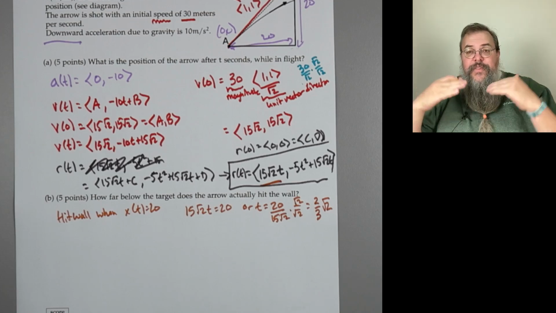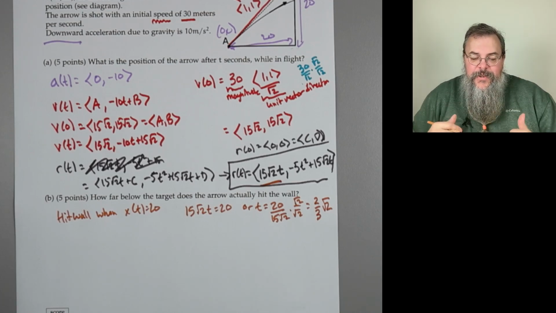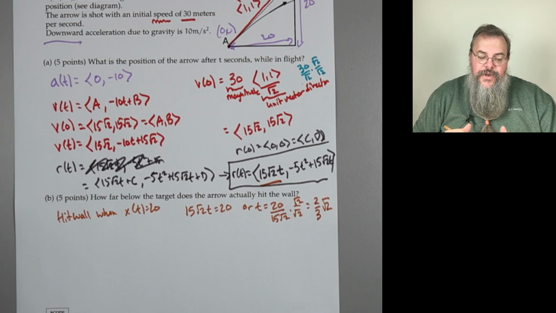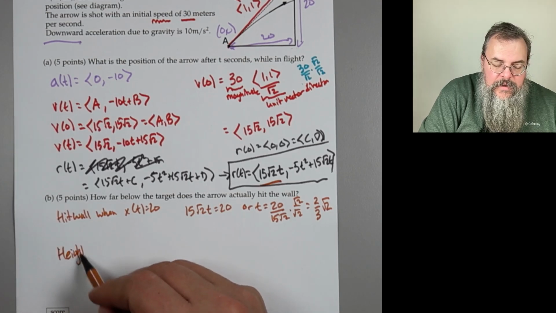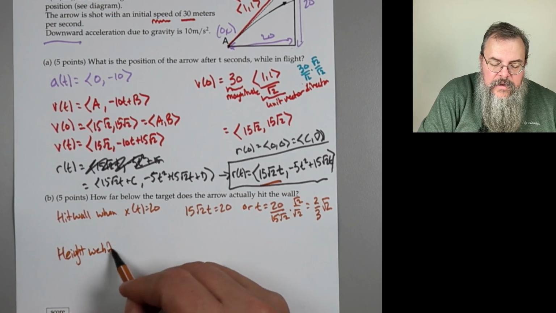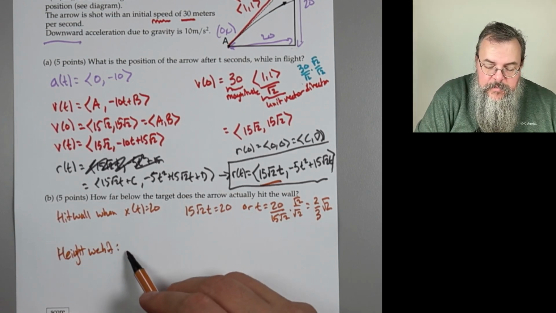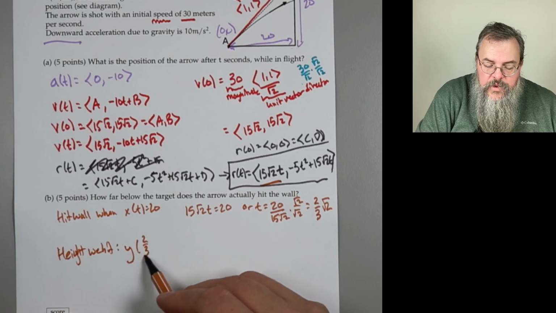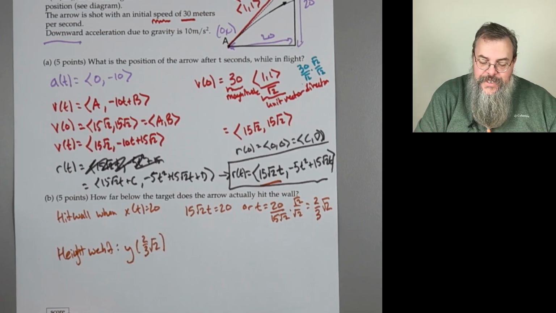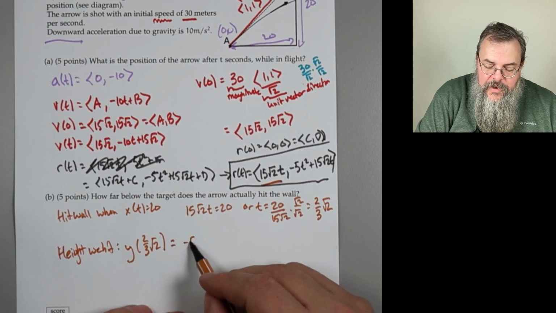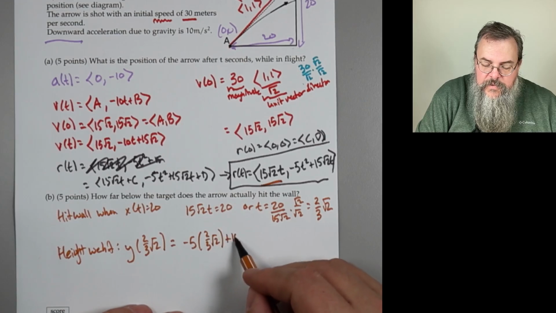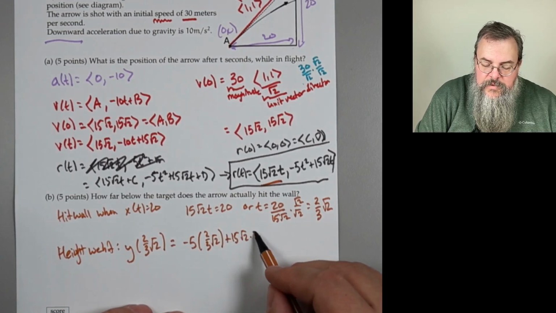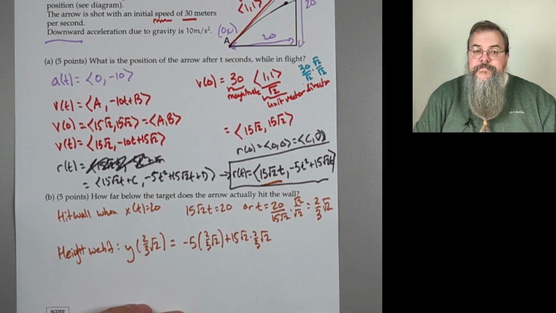So that's how long it takes for the arrow to get there. So that's the x-coordinate. So the height we hit, what will that be? Well, that's going to be y of (2/3)√2, which is -5 times (2/3)√2 plus 15√2 times (2/3)√2.